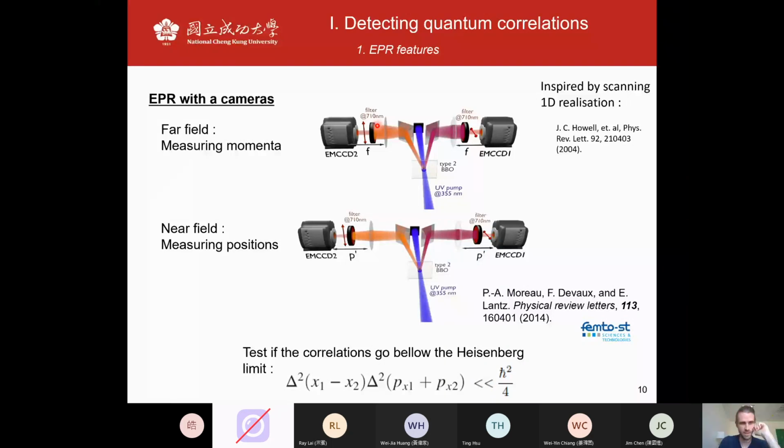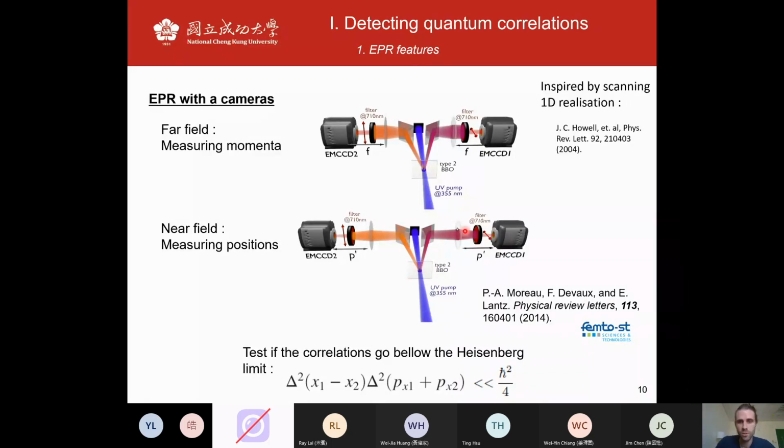As I said before, you set up your optical systems in both arms to image an inner plane of the crystal. Well, I should start from the beginning. Here you've got the crystal, the same crystal I was talking to you about before. You pump it with the UV pump here, and then you generate those two beams.